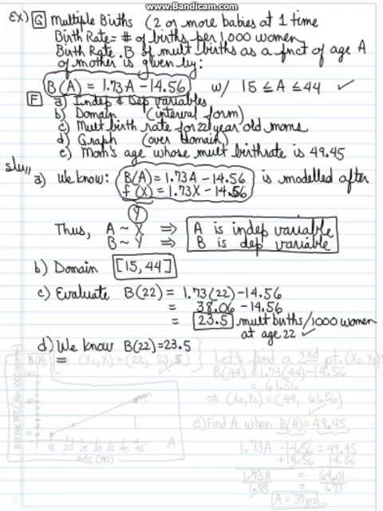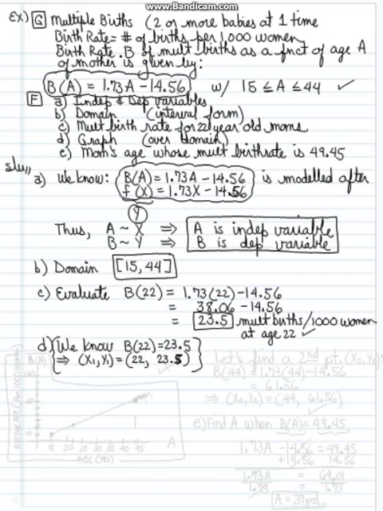So that implies that we have an ordered pair, x sub 1, y sub 1, equals the independent variable x, that's the 22, comma, the dependent variable y, that's b of 22, which is 23.5. So that's one thing that we know.